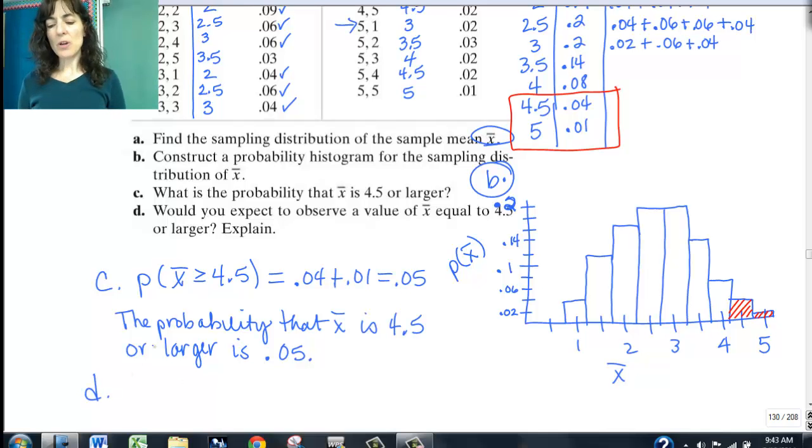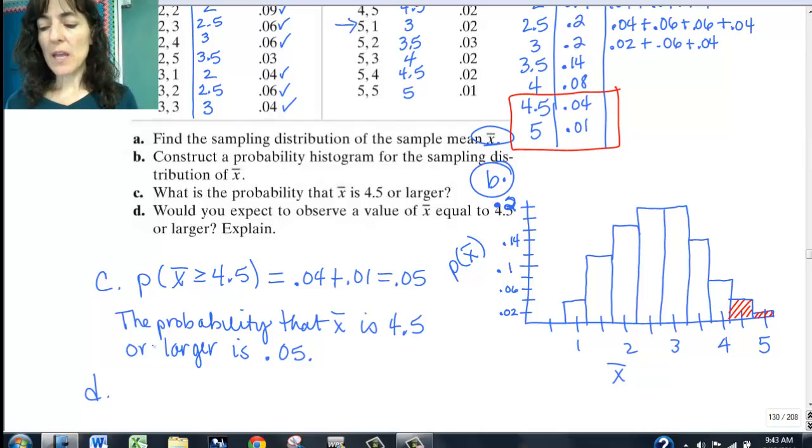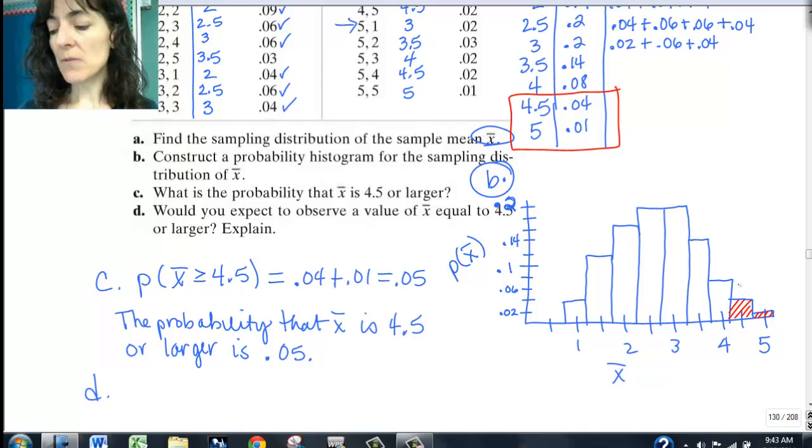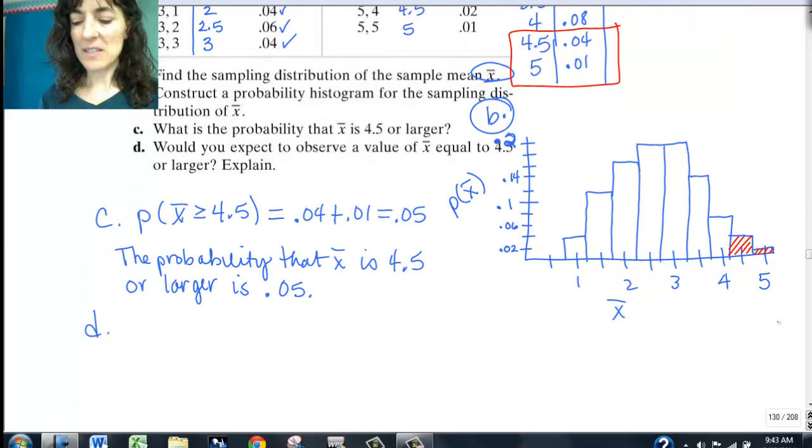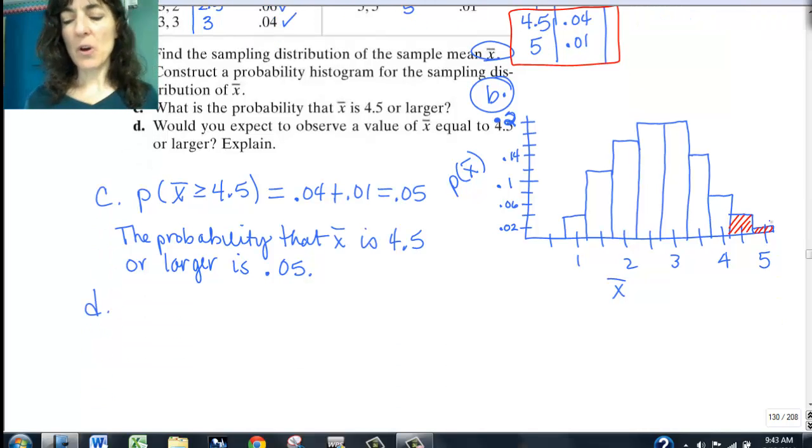Okay, and then part D, would you expect to observe a value of x bar equal to 4.5 or larger? So do I expect to find values of x bar out there on the end? And since the probability for that end part where I marked it red is 0.05, it's very, very unlikely.